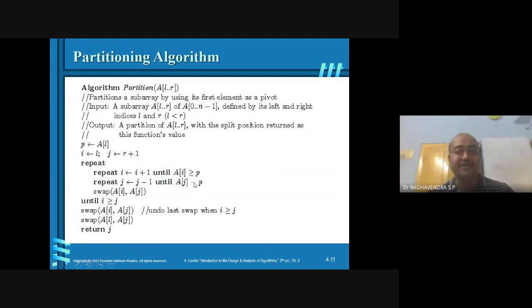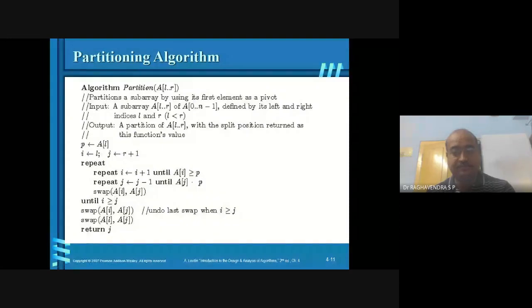This is less than or equal to, due to a print mistake it is not printed here. Then you swap A of i and A of j. This process continues until i is greater than or equal to j, that is, until i exceeds j.